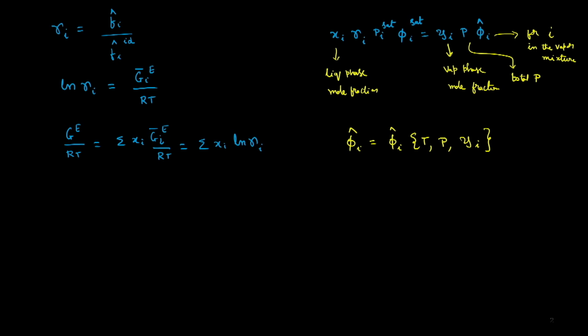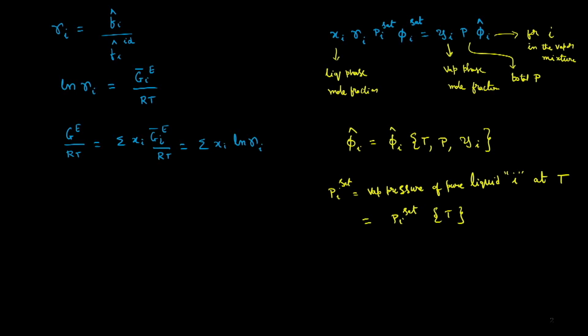Now for the liquid phase, I have x_i, which is the liquid phase mole fraction. P_i sat is the vapor pressure of pure liquid, in this case i, at temperature T. It will be only a function of temperature because it's pure liquid.